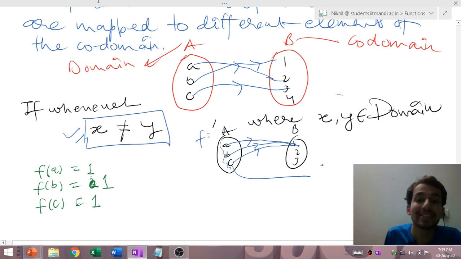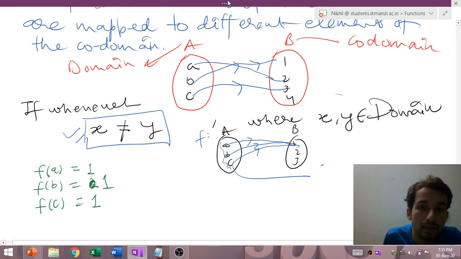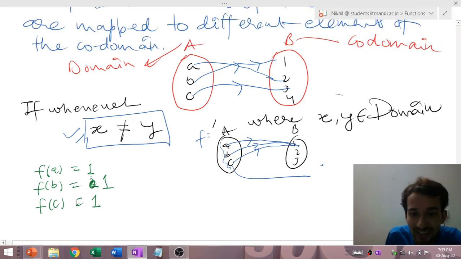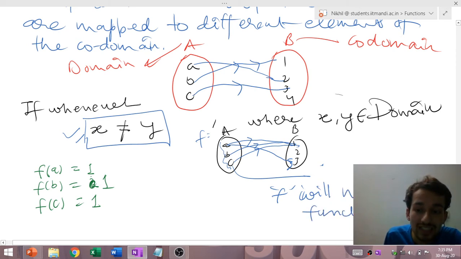So what the definition requires is that it will not happen that you map this A to 3 as well. If such a thing happens, then this small f will not be a function. Why? Because it is the requirement of the definition that you can map the element from the domain to only a single element from the codomain.